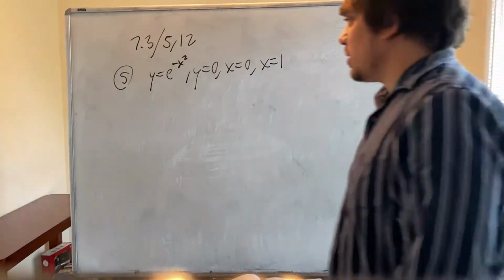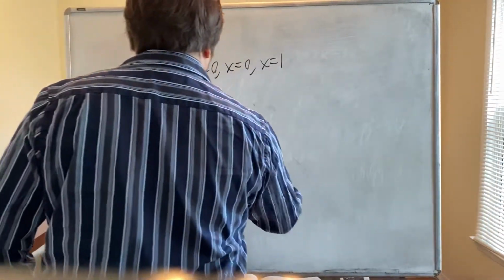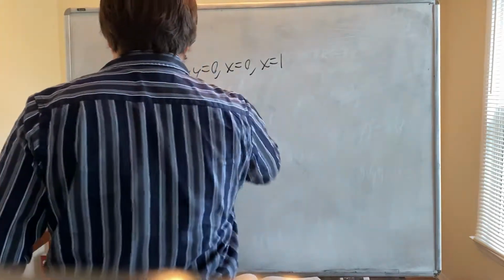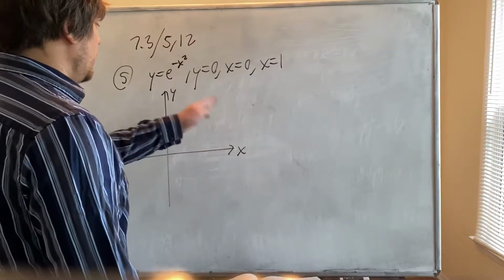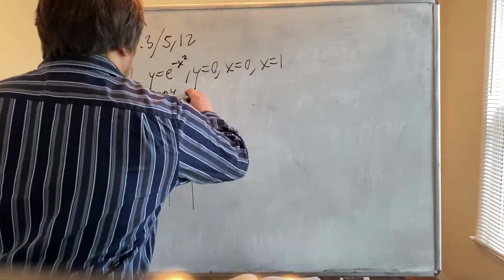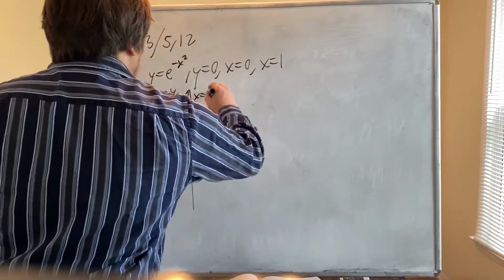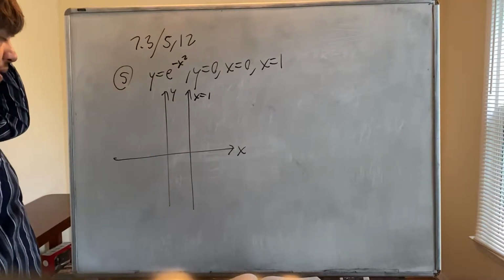Okay, cool. Okay, so you have the x-axis and y-axis. So if you have y equals 0, that's the x-axis. x equals 0 is the y-axis. x equals 1. That's x equals 1. So the x-axis, y-axis, x equals 1. e to the negative x squared.